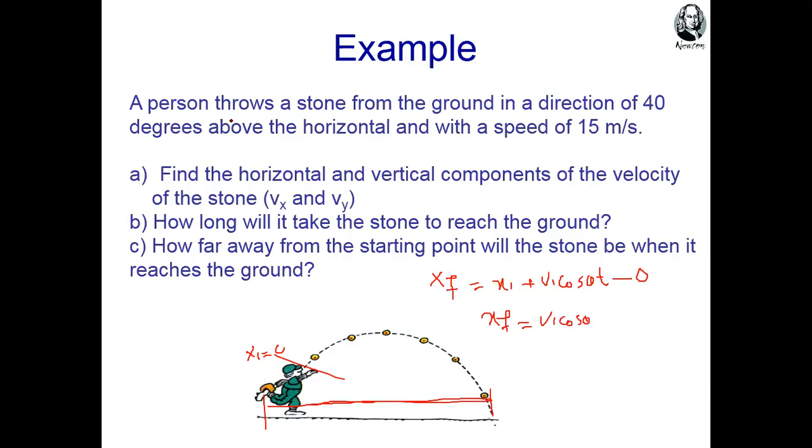multiplied with t. What is our Vi cosine theta for the previous example? 11.5. Professor, that would be 11.4. Great, 11.5, 11.4 in the video. Then multiply with time. What was the time? Last time it was 2 seconds. 1.94, yes, you can take 2.